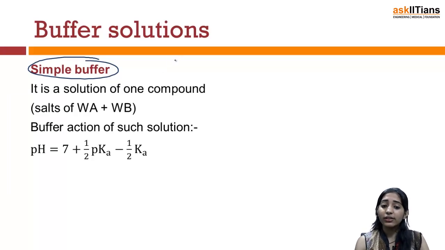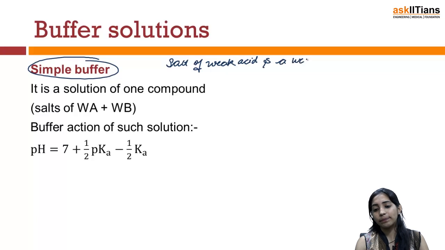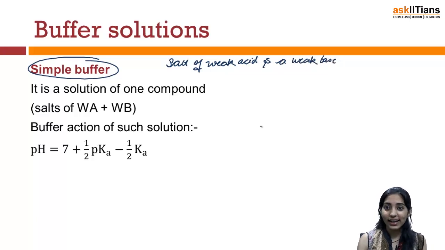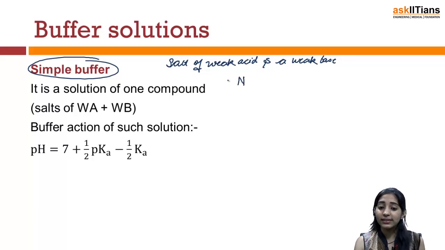Let's say we have a salt of a weak acid and a weak base. That means we have gone back to the third case, a salt of a weak acid and a weak base. For example, the weak acid I am taking is CH3COOH and the weak base is NH4OH.